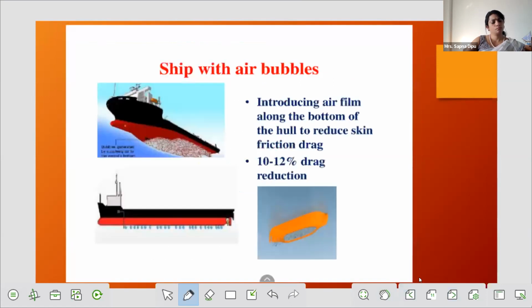Now, I'll be explaining some of the well-proven technologies currently available. One, for the frictional resistance or frictional drag reduction, is introducing an air film along the bottom of the hull to reduce the skin friction drag. So to reduce the skin friction drag, we introduce air bubbles down below.